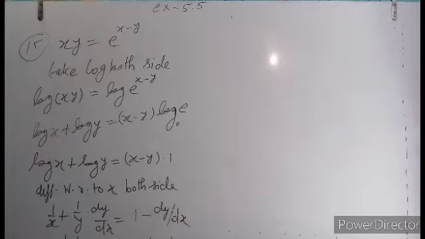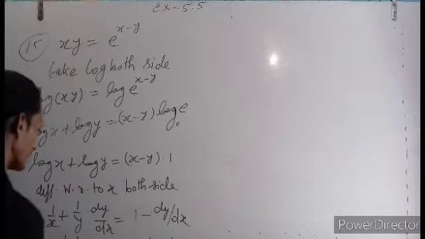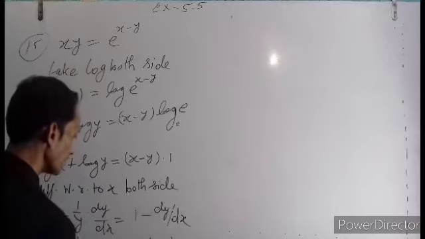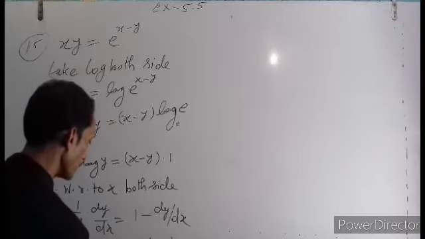Now take dy by dx common: dy by dx times 1 upon y plus 1 equals 1 minus 1 upon y.